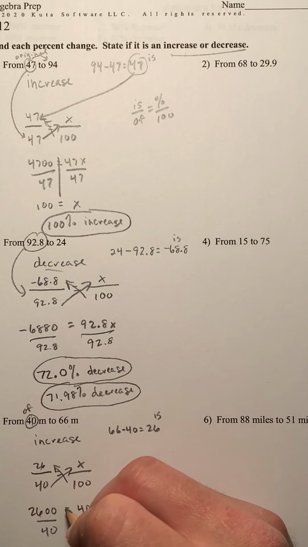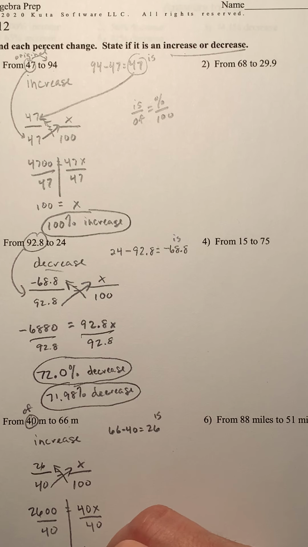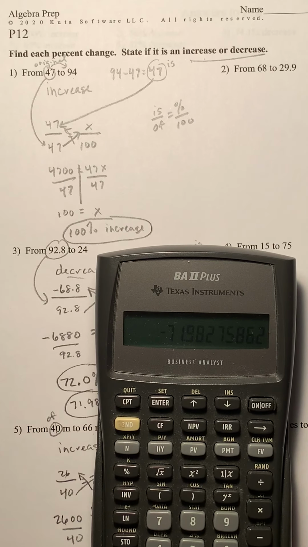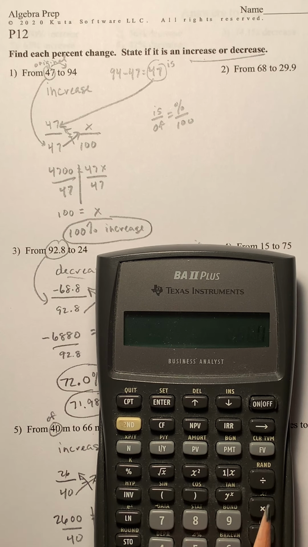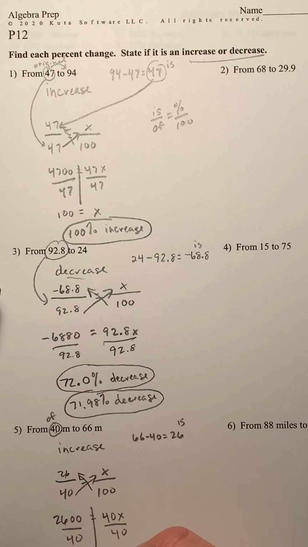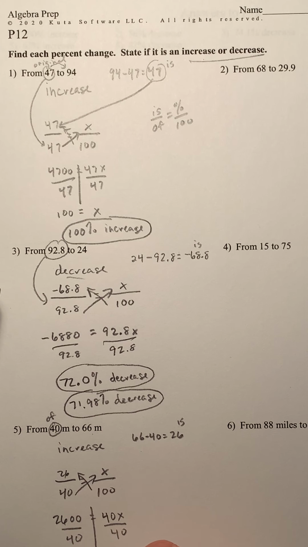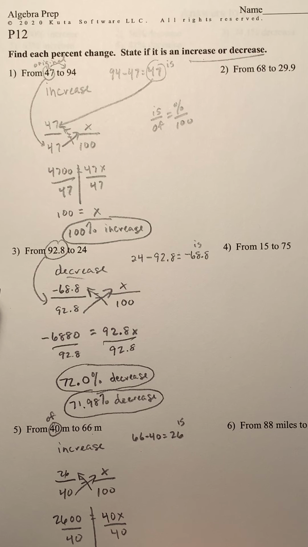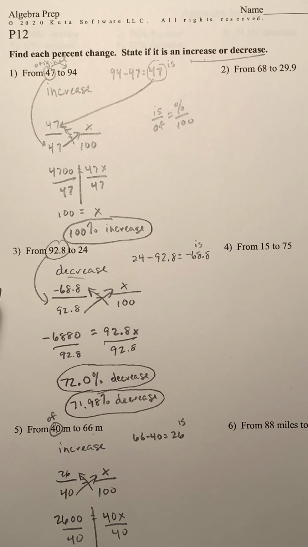Our algebra tells us to divide by 40. 2,600 divided by 40, 65. And so what we have here is a 65%. And remember, we increased, right? We went up. So a 65% increase.